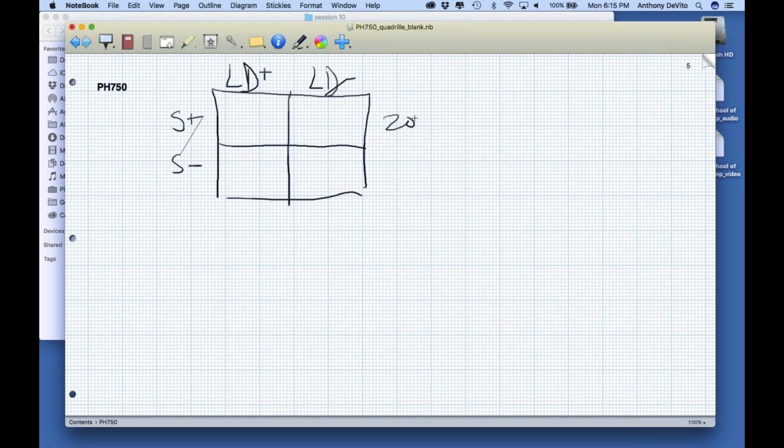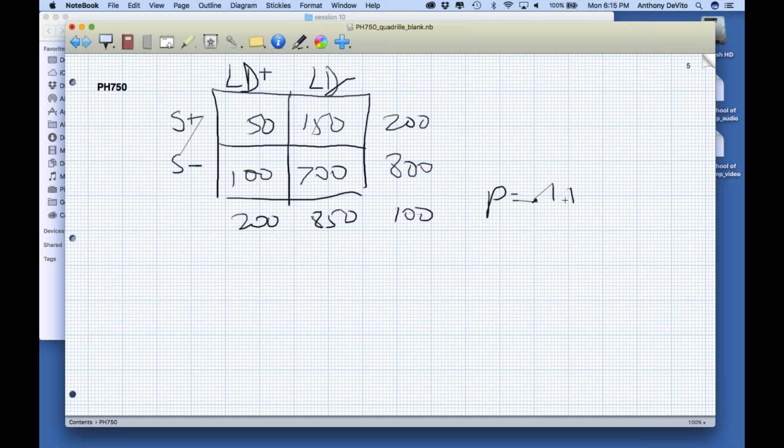This was 200. This was 800. This is 1,000. This is 50. This is 100. And this was 150. This was 700 and 200. And I made a mistake here somewhere. 700, 850. No, I didn't. Okay, all right, good. So the prevalence is equal to 15%.